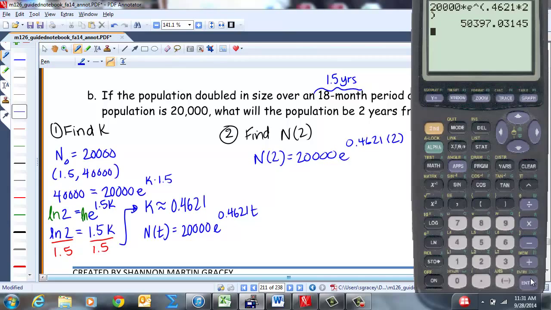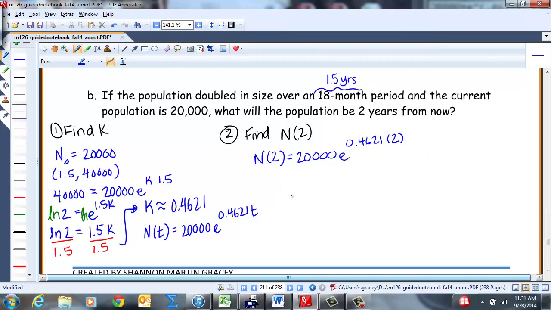And it looks like we'll have approximately 50,397 in the population. I think it was people, yes. So n at 2 is approximately 50,397.